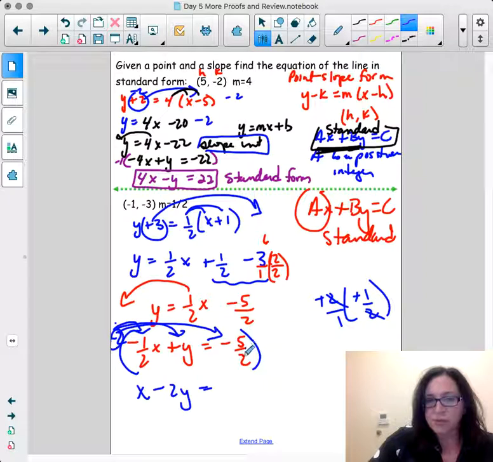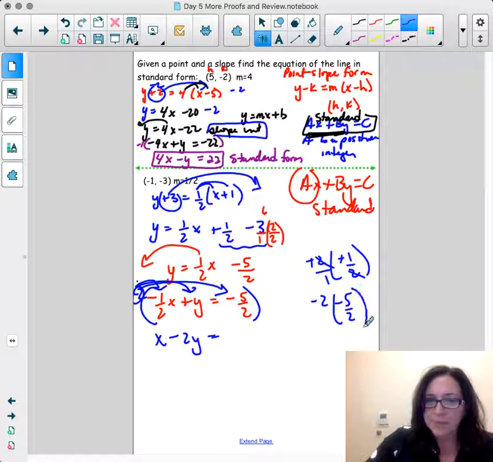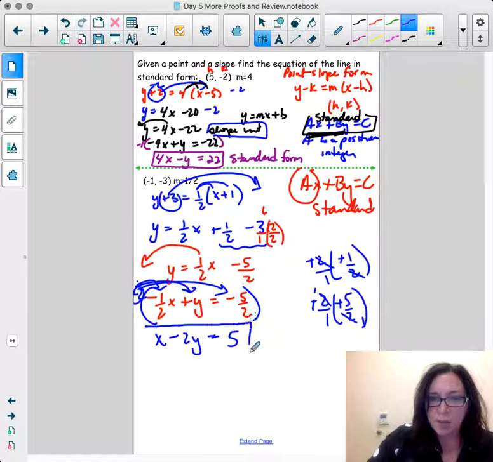And negative 2 times negative 5 halves, put a 1 under there. Two negatives, plus 2 cancels with 2. I get 1 times 5, which is 5. So now this is in standard form, and that's what we wanted. Okay.